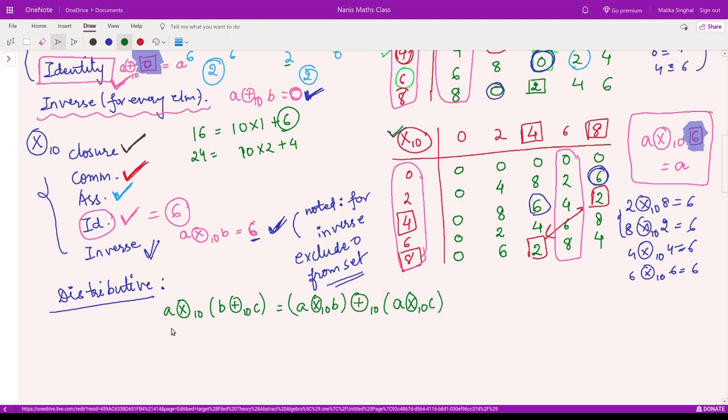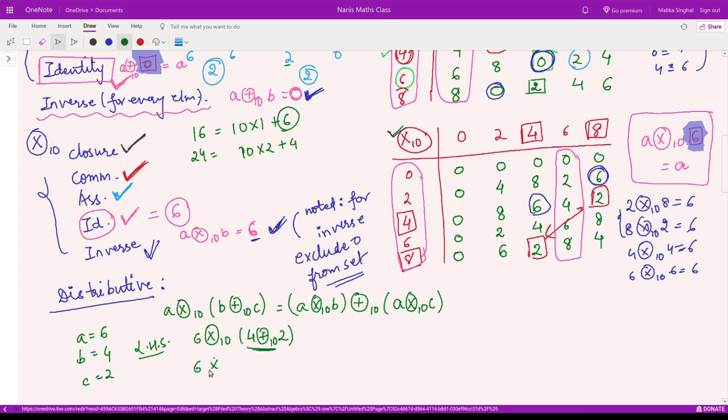So let us look at these. If I take A to be some number 6 and I take B to be 4, C to be 2, then let me look at the left hand side of this. It would become 6 multiplication modulo 10, then 4 addition modulo 10, 2. So let me first evaluate this.